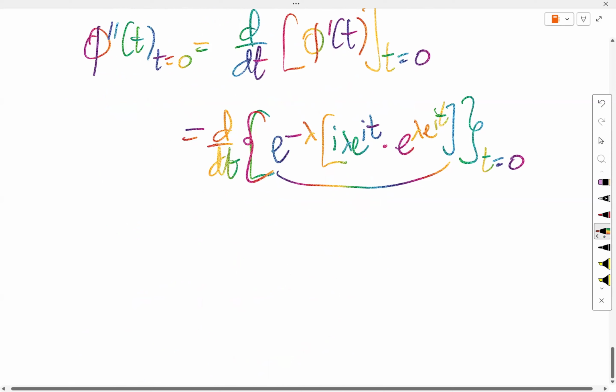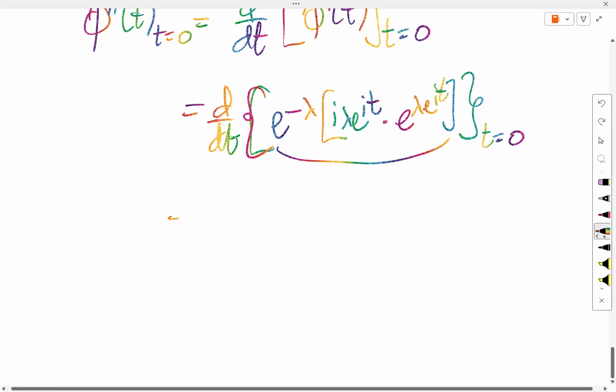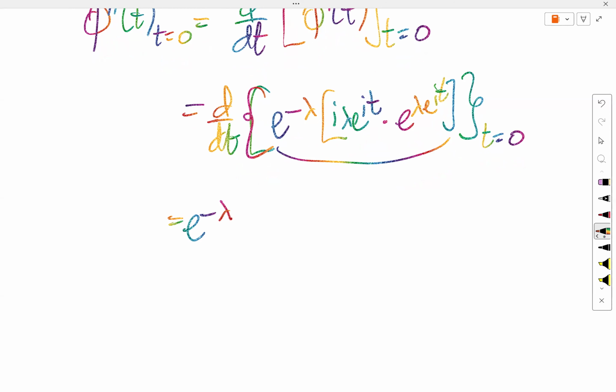So this is phi prime of t, okay? Now you can see t is here and t is here, so that's like the product rule, and we have to be careful with that. Of course you can take out e raised to power minus lambda. If we do the u dv dt thing, this is like u, so we have i lambda e raised to power it, then d dt of e raised to power lambda e raised to power it.